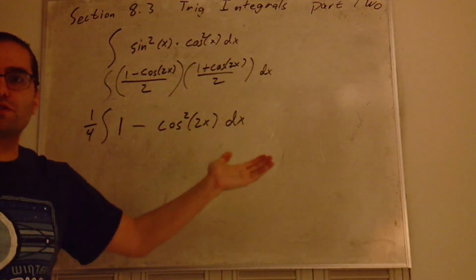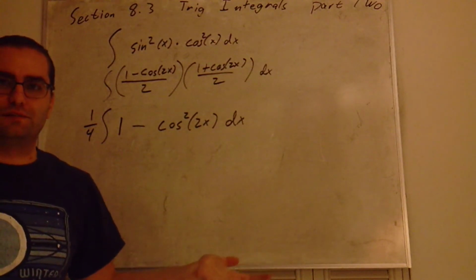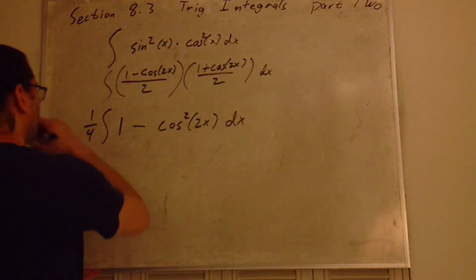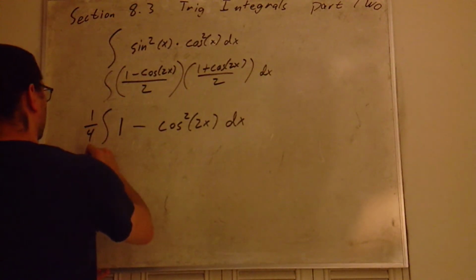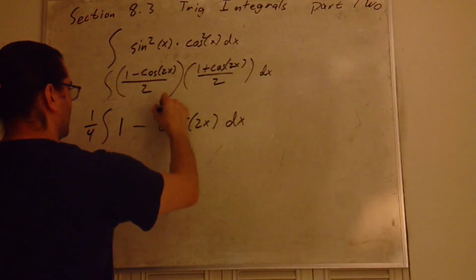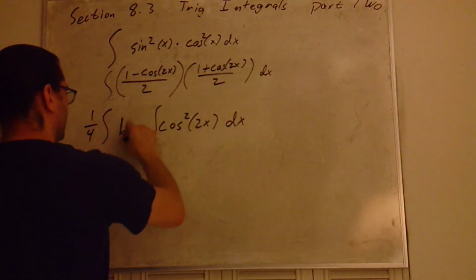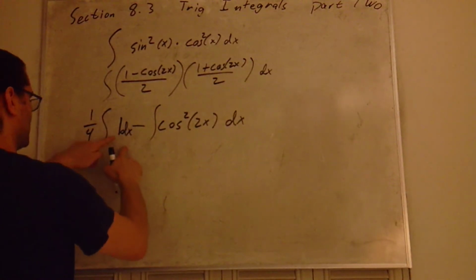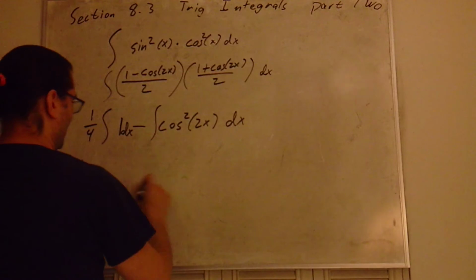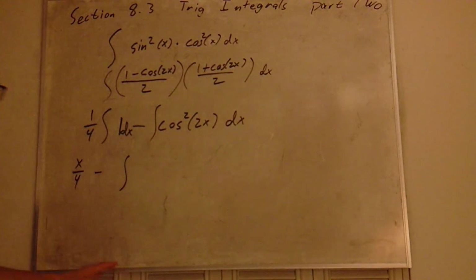We just got rid of our cosine squareds, and now there's another cosine squared. Yep, time to do it again. I'm going to split the integral, actually. I think that makes it easier. 1/4 times the integral of this is just x over 4 minus the integral.